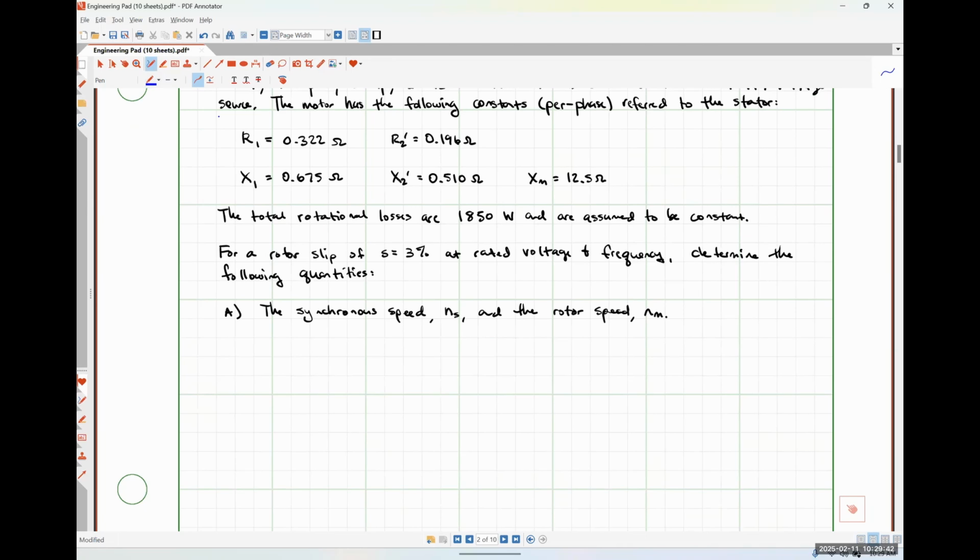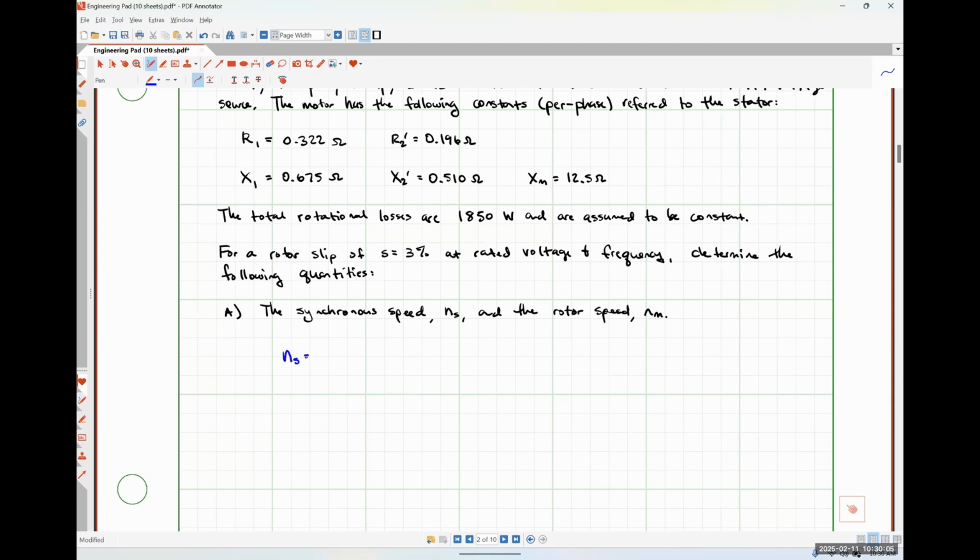So the synchronous speed is the speed at which the stator field is spinning, which is directly related to the applied voltage source.